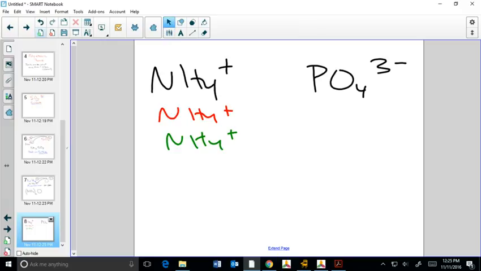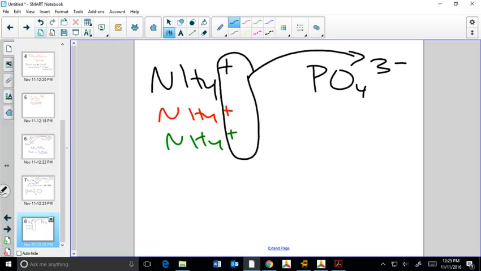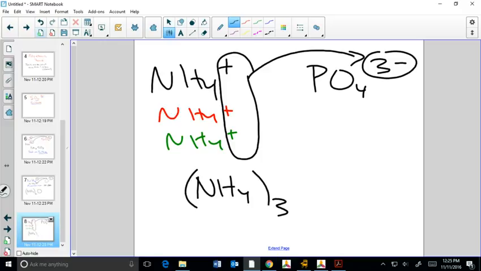I'm going to need all of them to come together and take care of that 3-. So therefore, I'll put my formula as NH4, 3 of them, PO4. And you would name this just simply the names of the polyatomic ions.